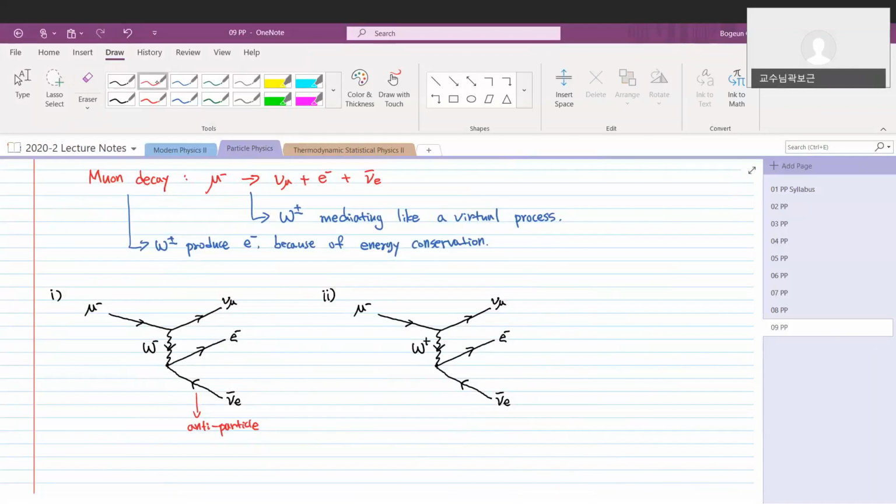In this case, the minus charge in the previous process goes this way.